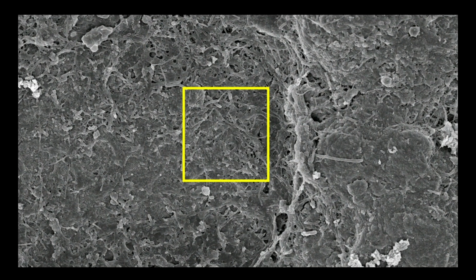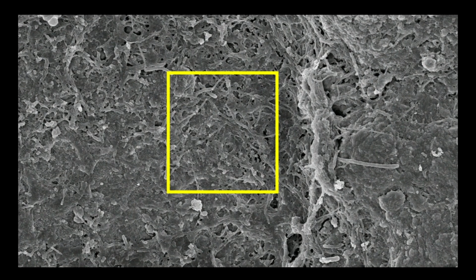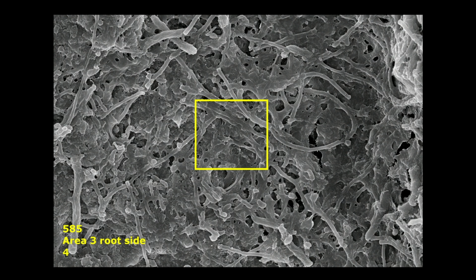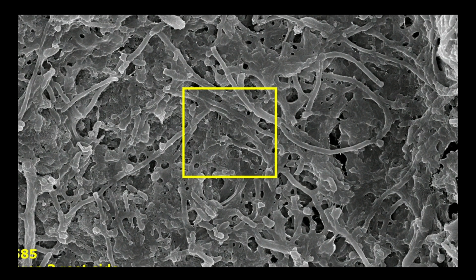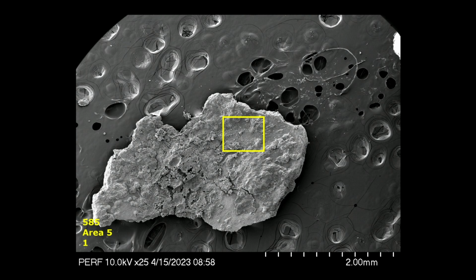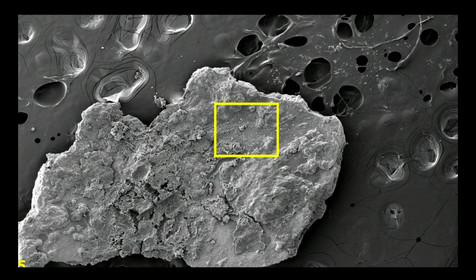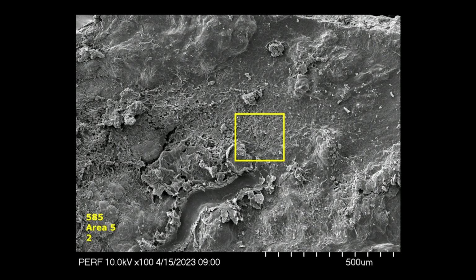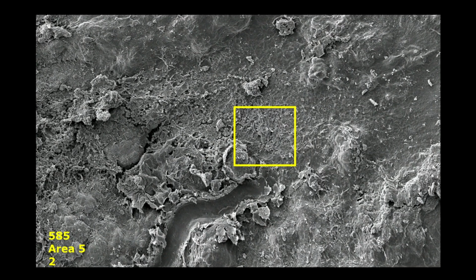And I'm looking at various areas here, and they all pretty much gave the same presentation, although in many areas there were many long rod-shaped bacteria as well. So obviously you have a multitude of species present on the root side of the delaminated cementum.